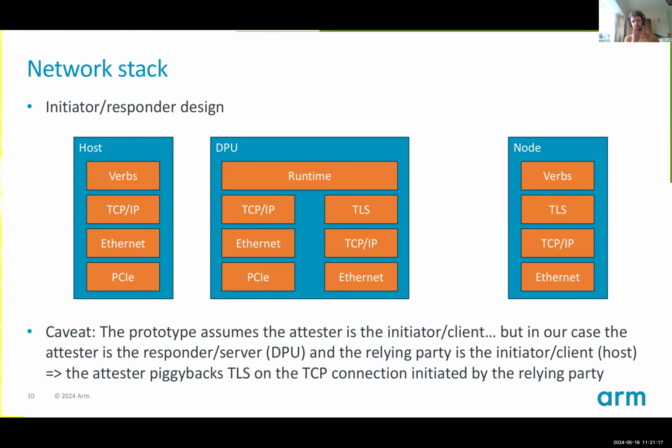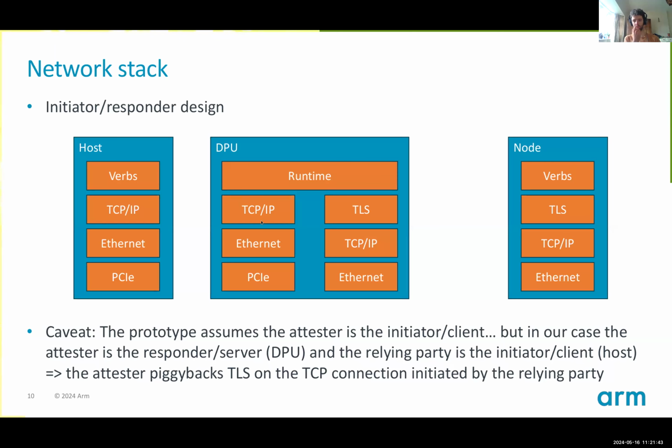Actually, it's something we were thinking about, because for now we've been assuming that the host would initiate everything, and that the DPU would be the responder, always serving the host. But we have some use cases we'd like to explore where the DPU is the one controlling the host.